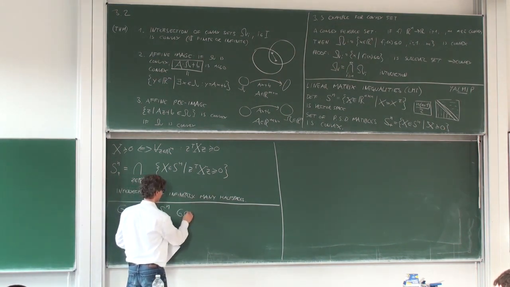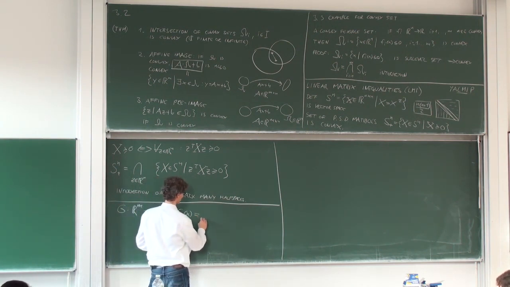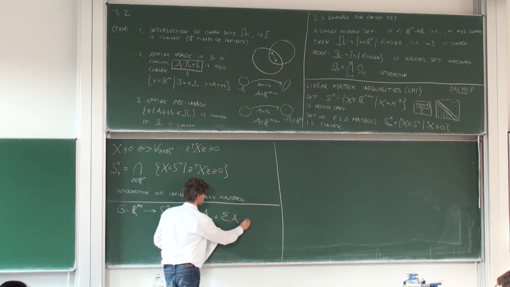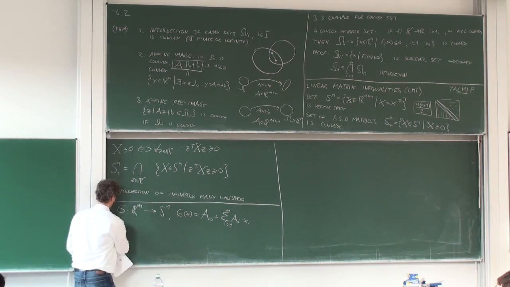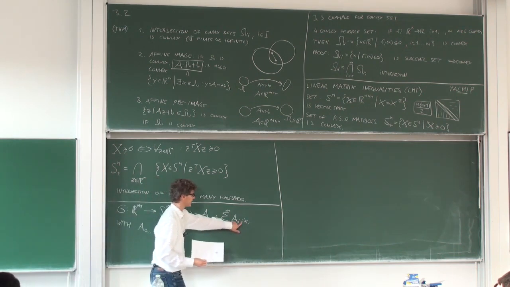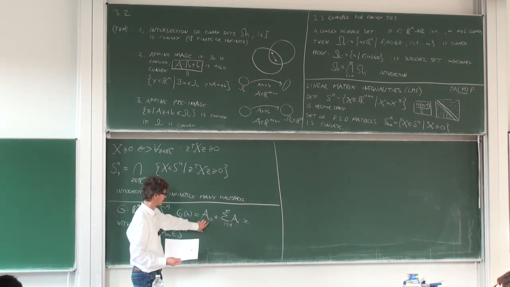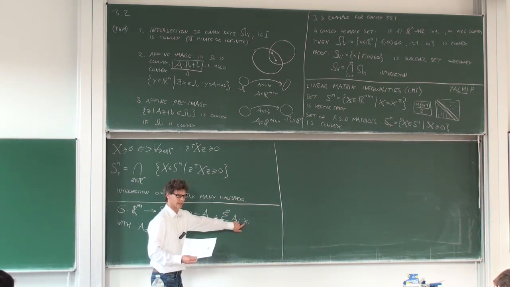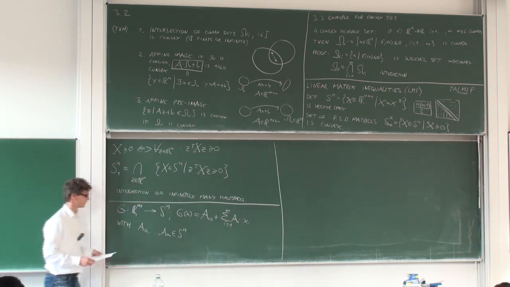So g of x is equal to a0 plus the sum of Ai times xi, i going from 1 to m, with all these matrices A0 up to Am being symmetric. So if you take a lot of symmetric matrices and you weigh them, one is just additive, that's the affine part, and these are the linear parts, each of them weighted with some real number xi. This is just the component of the vector x.